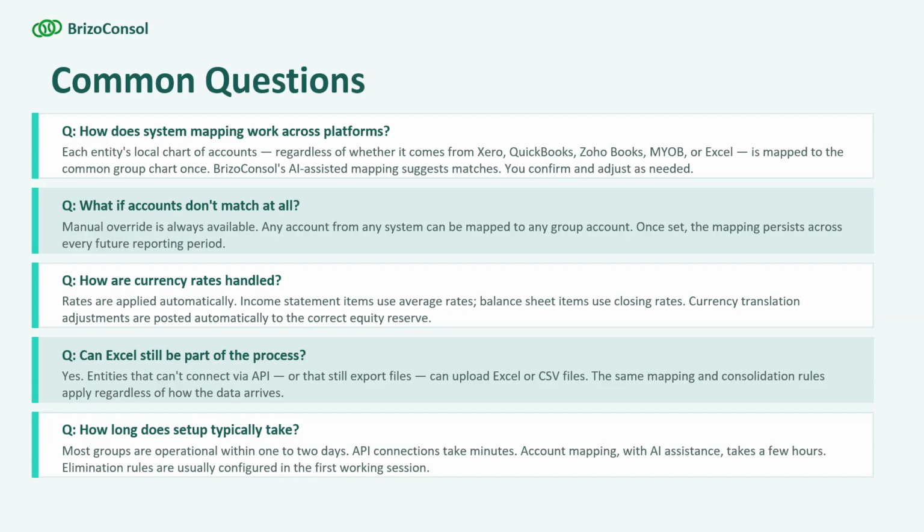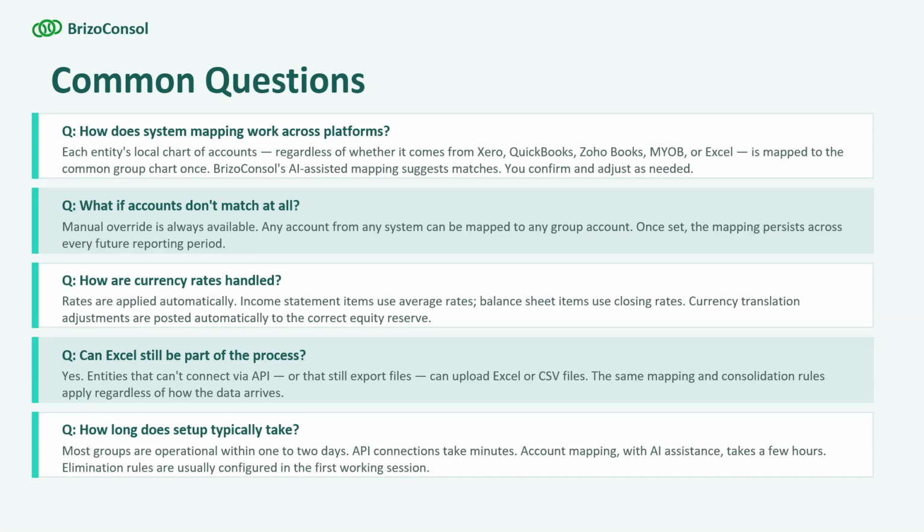The system provides AI-assisted mapping suggestions, and your team can review and adjust them if needed. Another common question is, what if the accounts don't match? That's perfectly fine. You can always manually override the mapping. Once the mapping is set up, BrizoConsol remembers it, so you don't need to repeat the process every reporting period.